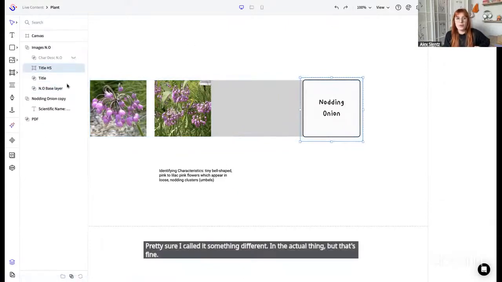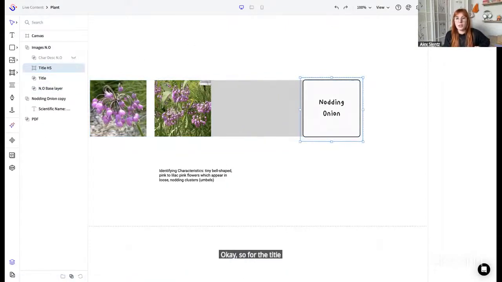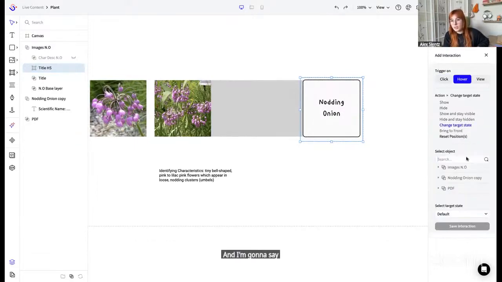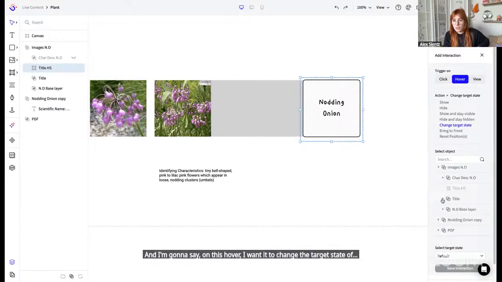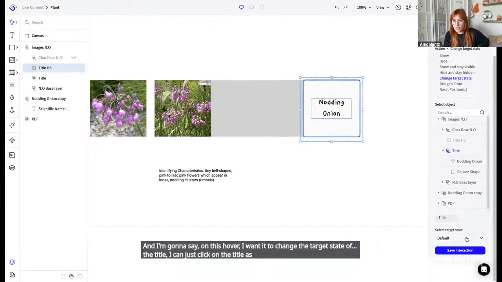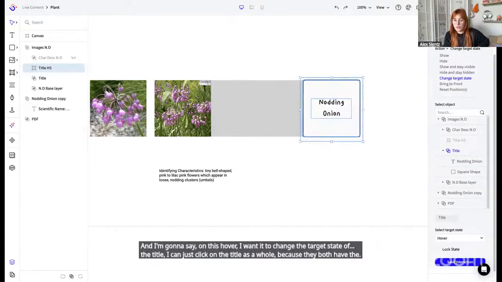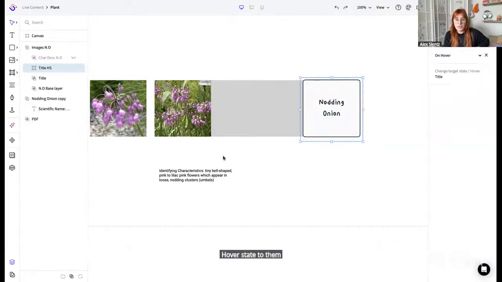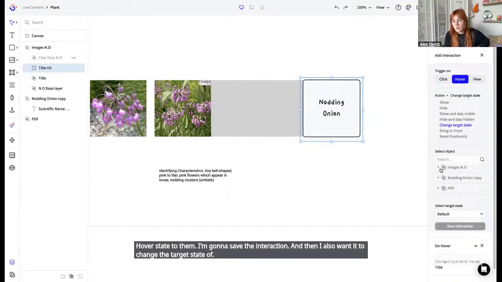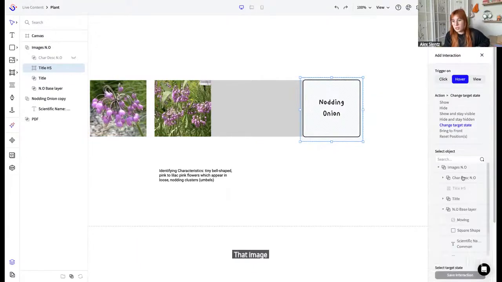Okay, so for the title hotspot, I'm going to go to the interaction and I'm going to say on this hover, I want it to change the target state of the title. I can just click on the title as a whole because they both have the hover state to them. I'm going to save the interaction. And then I also want it to change the target state of that image and the square.